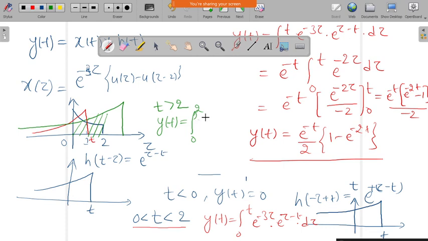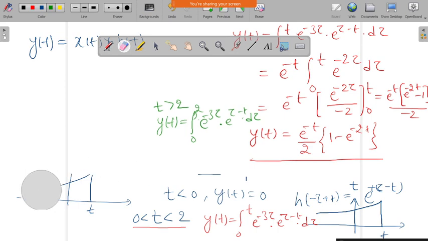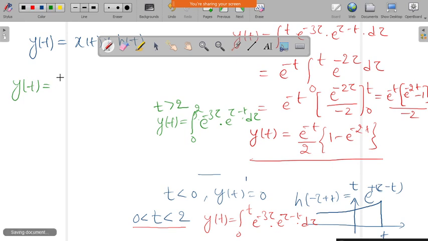So x of tau is e power minus 3 tau and h of tau is e power t minus tau into u. Now if I do that calculation, we get y of t equal to the integral from 0 to 2 of e power minus 3 tau into e power plus tau, and e power minus t, d tau.